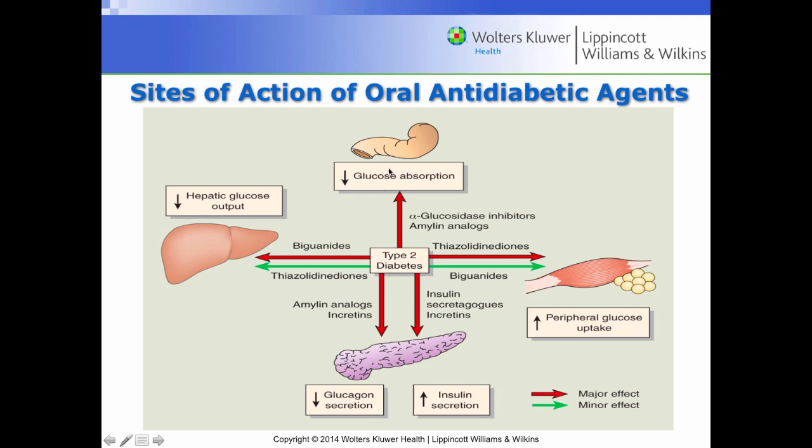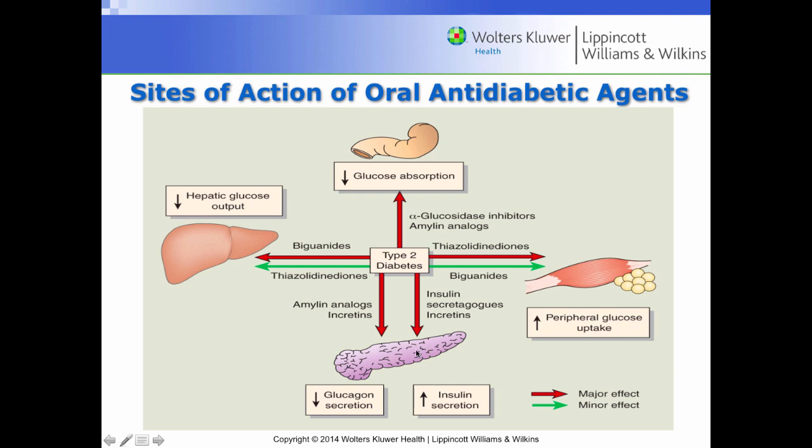Okay, so they control hyperglycemia by limiting glucose absorption by the gut. Some of them help reduce glucose production by the liver. Okay? Some of them enhance glucose uptake by skeletal muscle and fat.